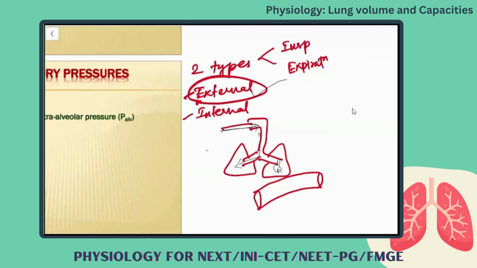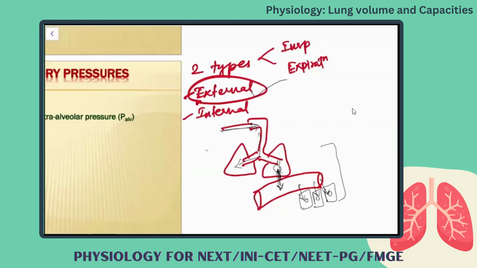Then from the alveoli into the blood vessels, and this blood vessel is going to supply the oxygen to the cells. So the gas movement from the alveoli into the blood vessels, and from the blood vessels to the level of the cells, is called internal respiration.